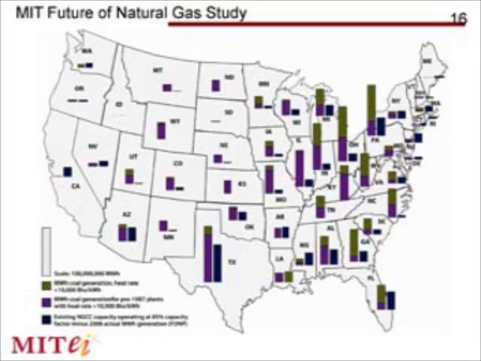In every state, the left-hand bar is proportional to the kilowatt hours produced by coal in that state, divided into efficient and inefficient coal plants, arbitrarily defined as a break at a heat rate of 10,000. So a heat rate above 10,000 is the purple bar, the inefficient plants, and the green are heat rates below 10,000.